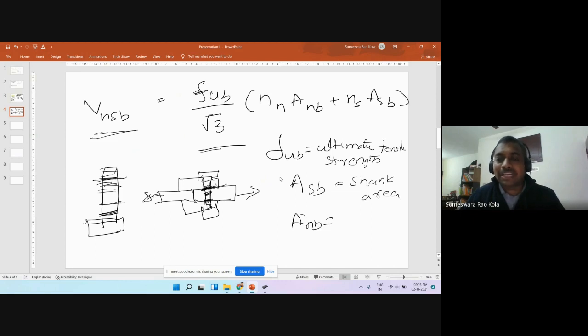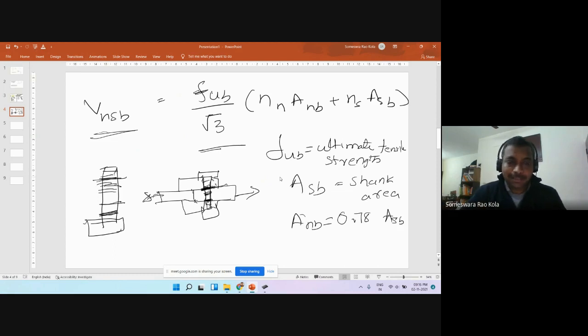Obviously, it shall be less than the shank cross section area. So typically, you can approximately take it to be 0.78 times the shank area. Otherwise, you can choose from the steel tables. This information also will be given to you. In the absence of such data, you can take it to be 0.78.